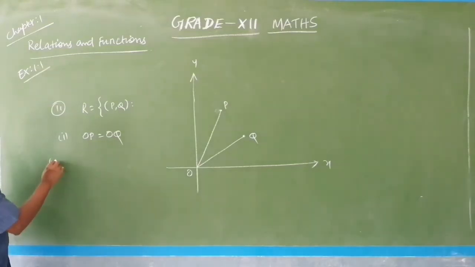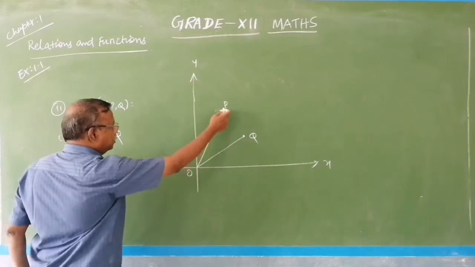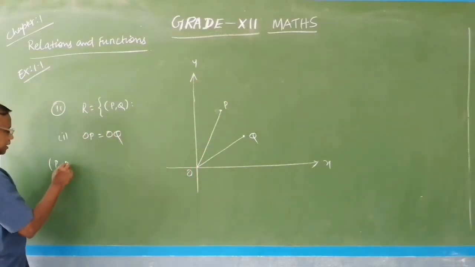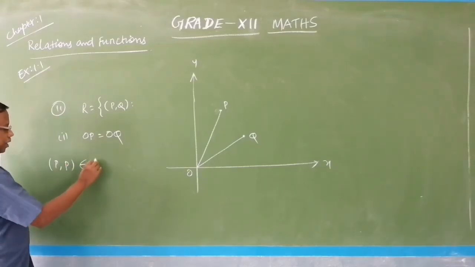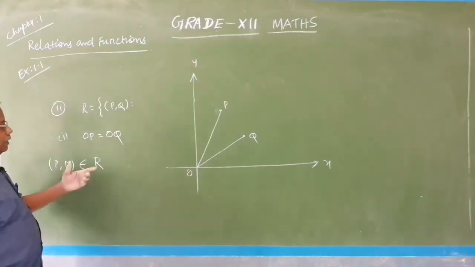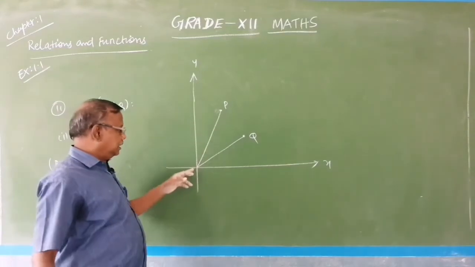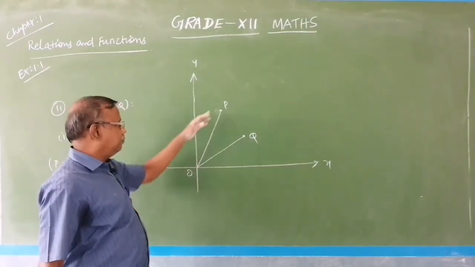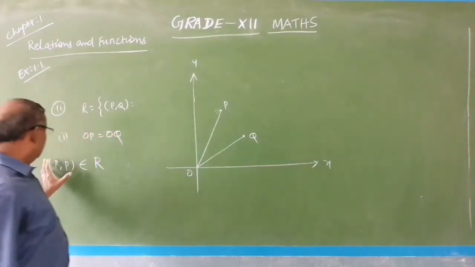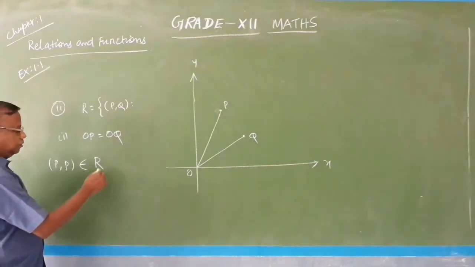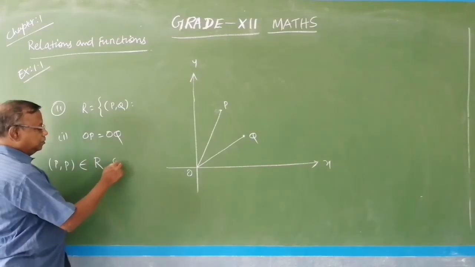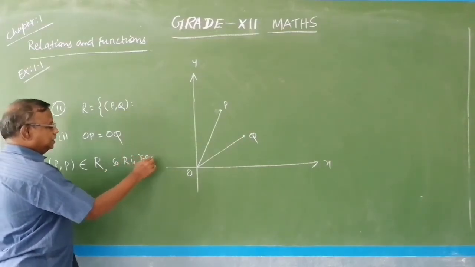Now a point P, the distance from origin to the point P is the same as the distance from the origin to the same point P. Therefore, P comma P belongs to R. So every point has the same distance from the origin as itself. So for every point P, P comma P belongs to R. So R is reflexive.